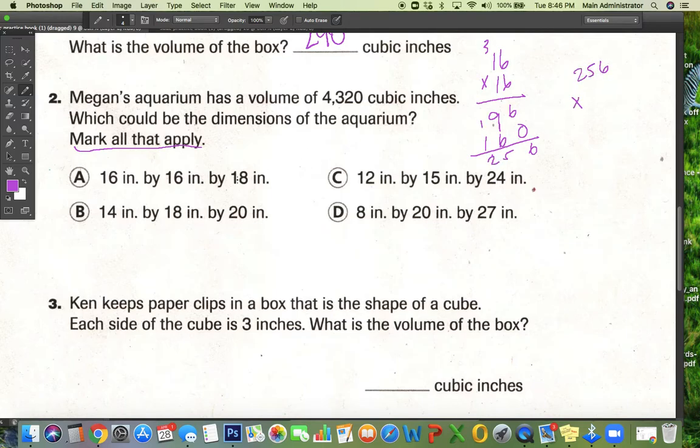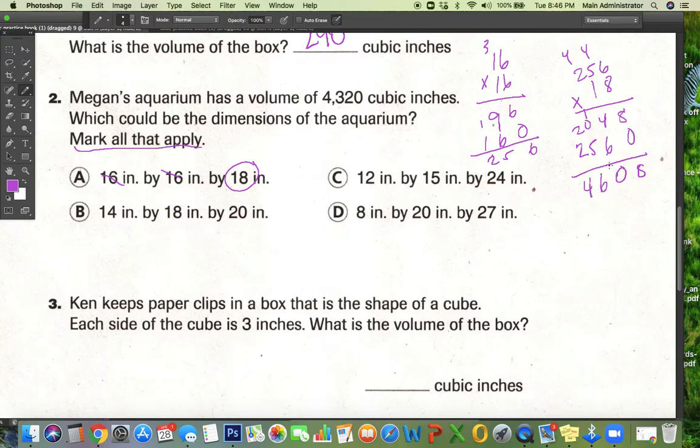Now I'm going to times that by 18, the next number, because I already did those two 16s. Times that by 18. It's 48, 44. It's 20. 0 is my placeholder. 6, 5, and 2. Let's see what we get here.